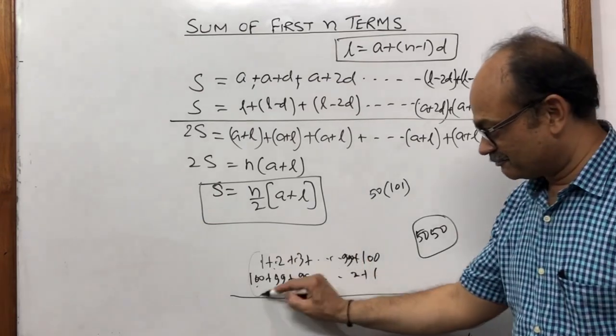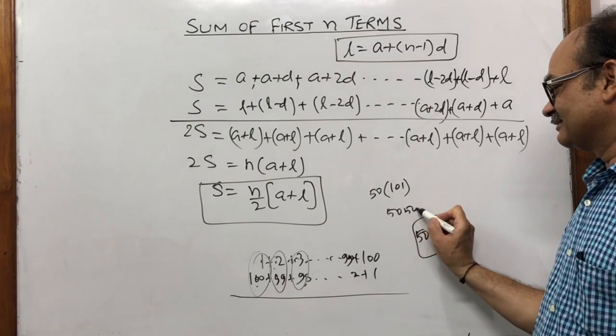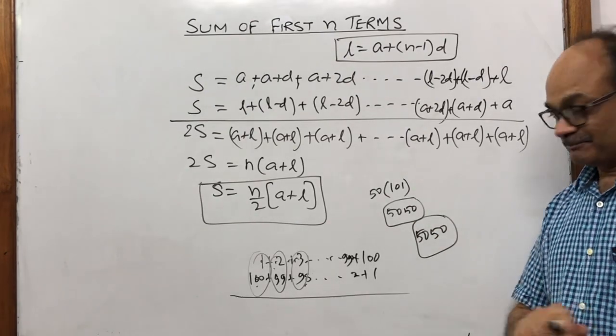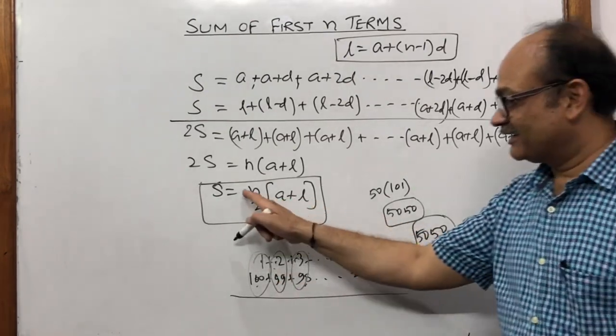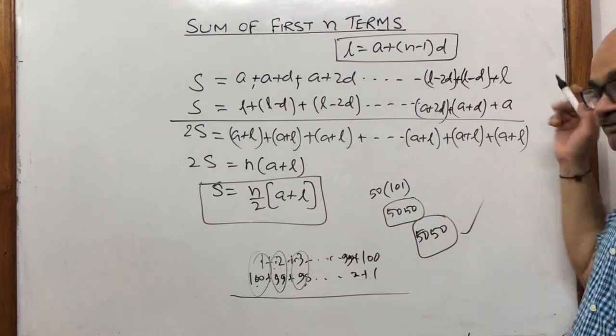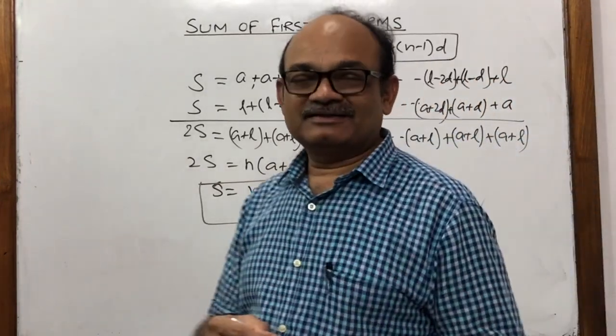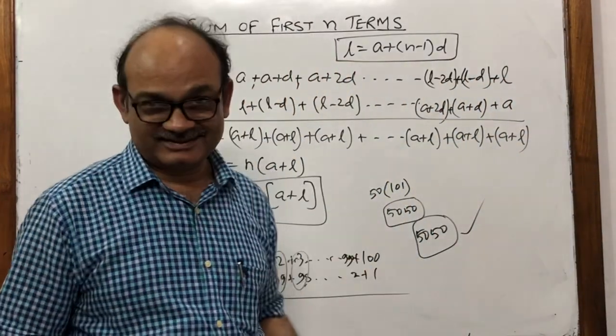Because 1 pair, 2 pair, 3 pair, and so the answer is 50-50. Because total n is 100, so he applied n by 2, that is 50. And first plus last, 1 plus 100, gives 5050. So this formula is nothing but the same formula that Gauss applied there.